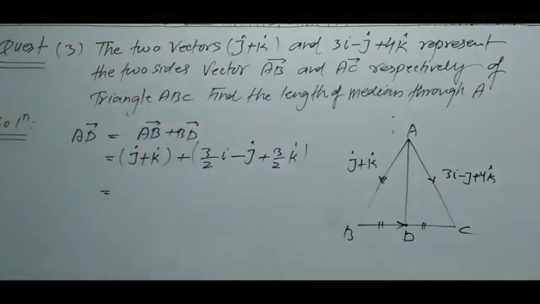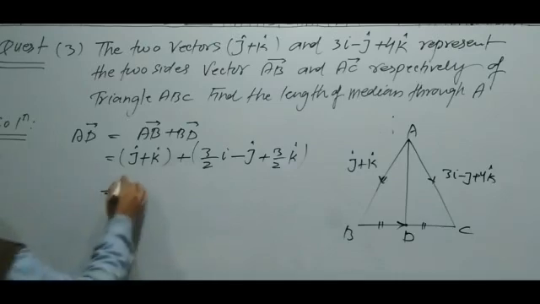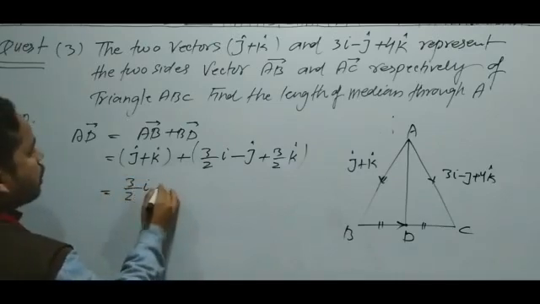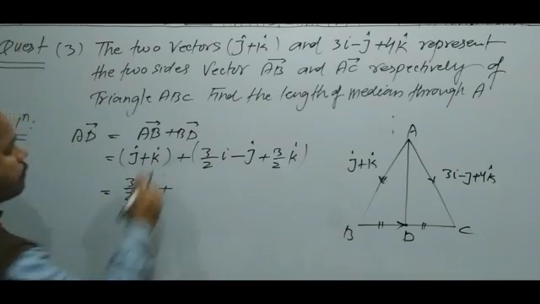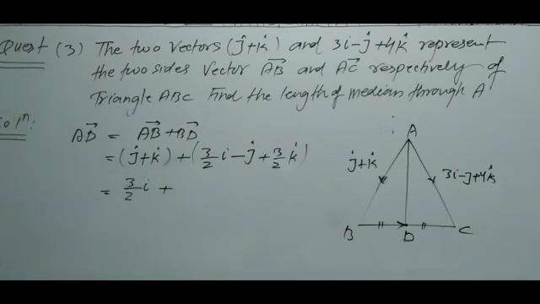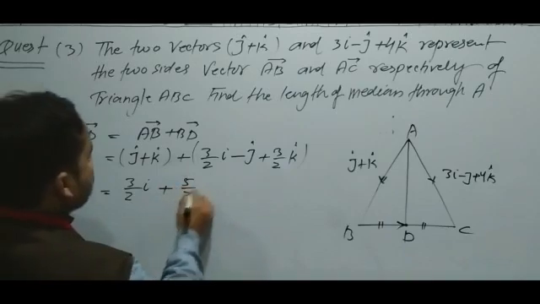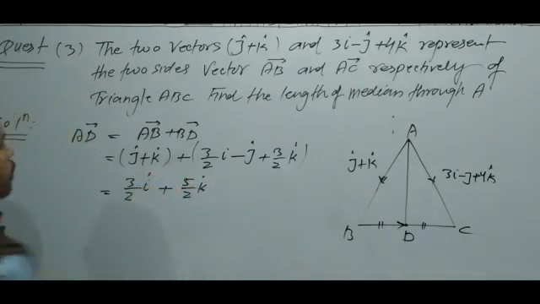After solving, what do you get? You get 3 by 2 i, j minus j cancels, and the result is 5 by 2 k. So 5 by 2 k. This is AD.